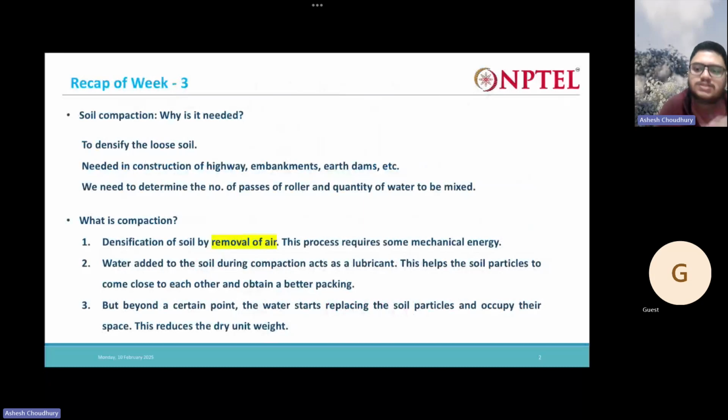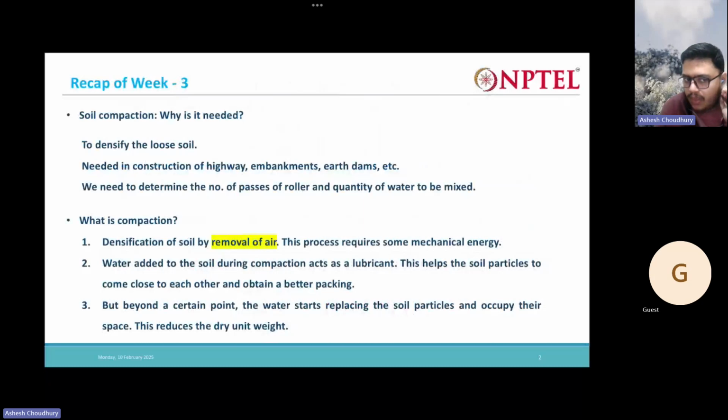So we have to put some mechanical compactive effort, or mechanical energy from our end, so that the soil particles get closely packed with each other, and the air gets removed. So that process needs some mechanical energy, and that mechanical energy is generally provided with the help of rollers in the field during construction.